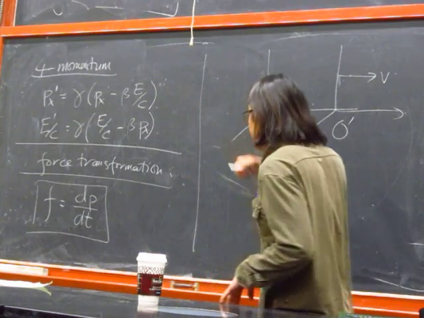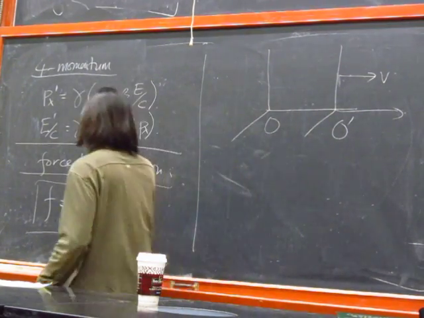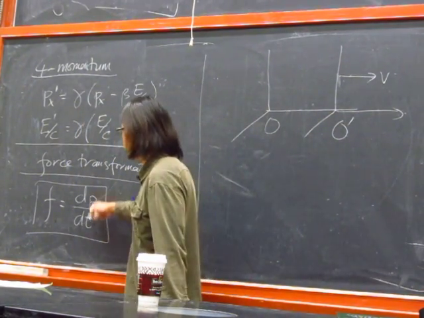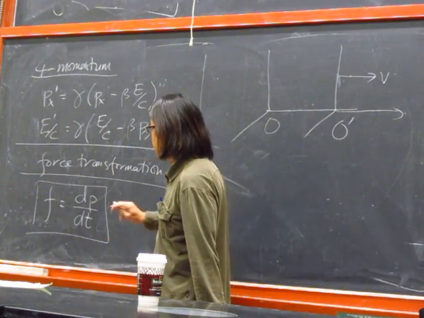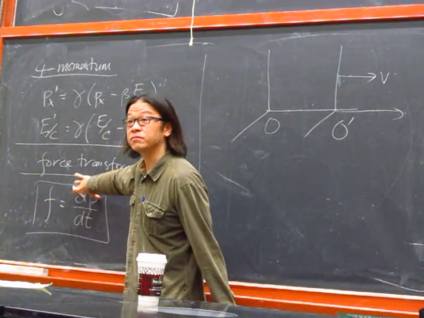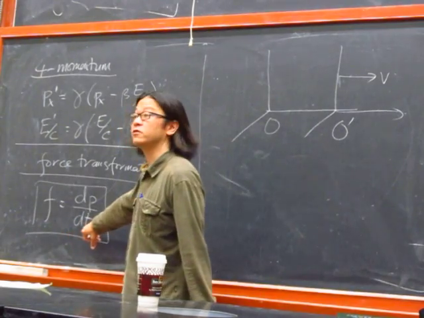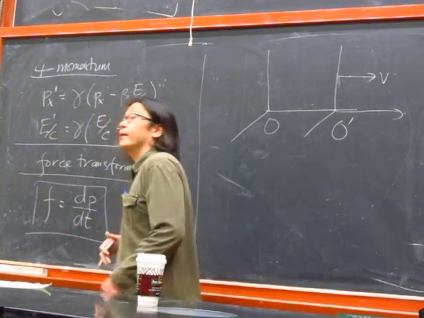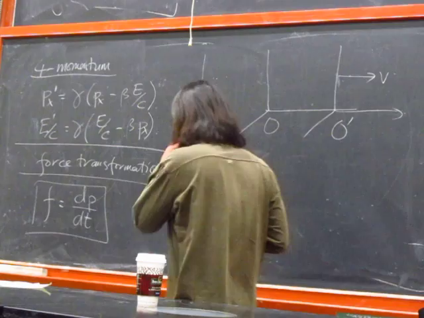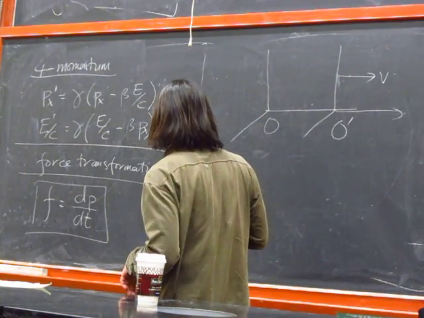To do that, we have two parts, and they both transform under the Lorentz transformation. First, you have the momentum, and then you also have the time. So let's see here.